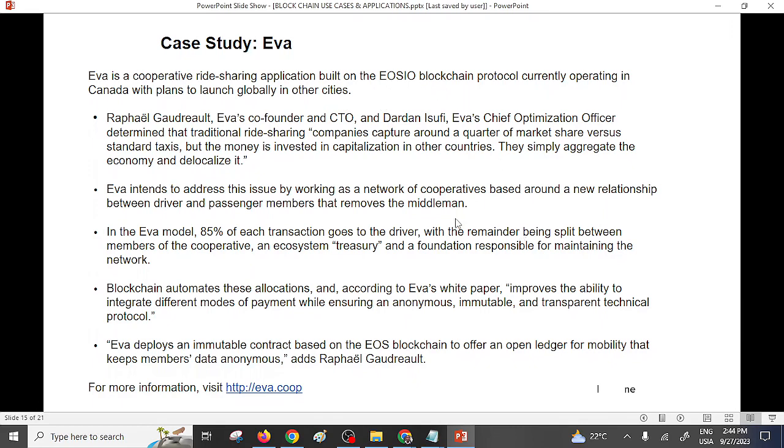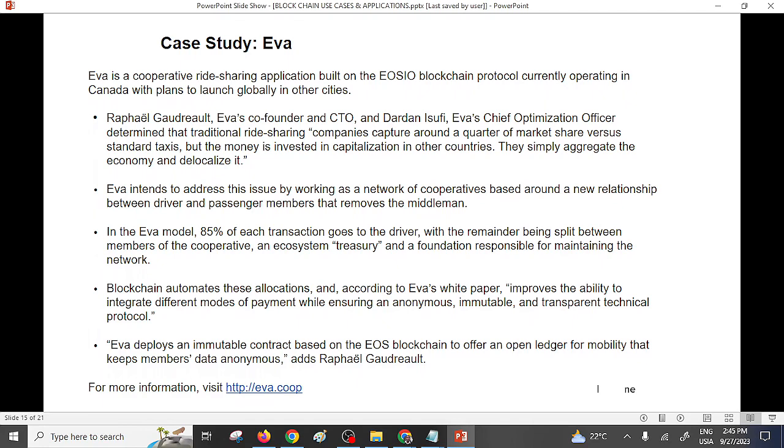What Eva is trying to implement is a solution to the lack of transparency. Take Uber, for example. We have third-party systems that act as middlemen between the drivers and the passengers, so you can't really know who is going to drive you. It's them that store this particular information.